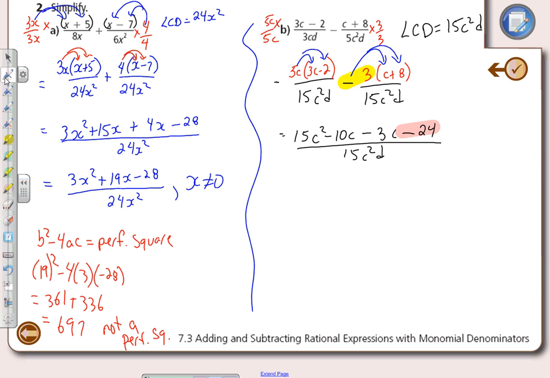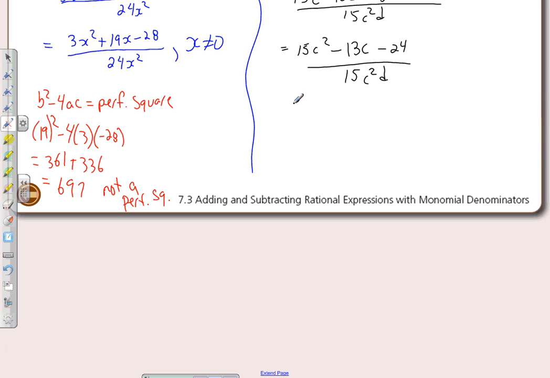Combine your like terms in the numerator, and then figure out if it is factorable any further. Most of them are not factorable again in the numerator, but the odd time they are going to be. Let's quickly check if our discriminant is a perfect square.